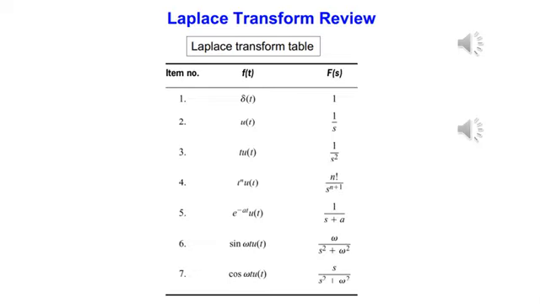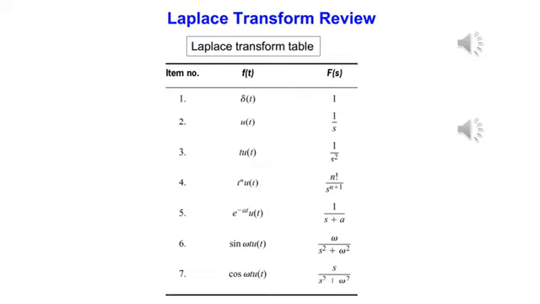So here we have a Laplace transform and inverse Laplace transform table. Whenever we have to translate delta t, we don't have to integrate it out. We just consult this table and write down the values of f of s. Similarly, if we have f of s, we can back translate using the inverse Laplace transform to the time domain function, and we can just write it down from the table.